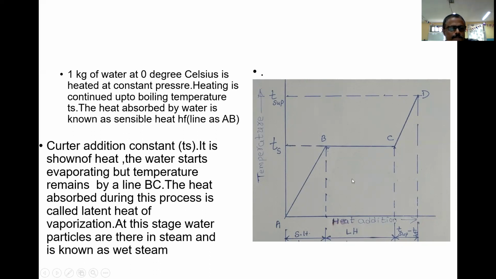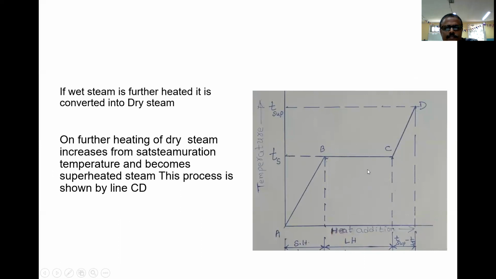At this stage, water particles are there in the steam and it is known as wet steam. That is the stage between B and C. There are water particles in suspension and it is known as wet steam. Next, the wet steam during this stage is converted into dry steam.